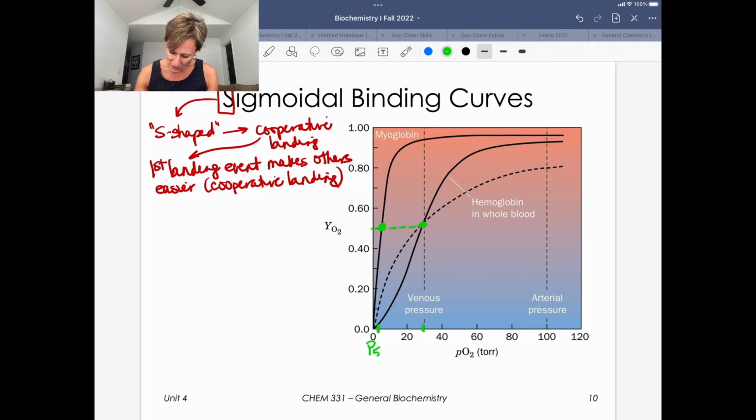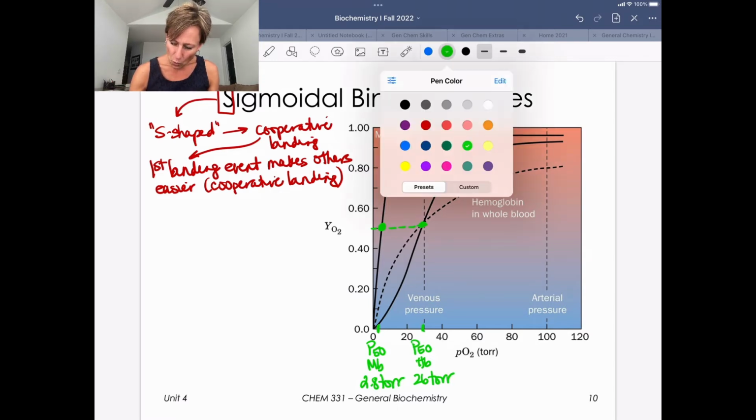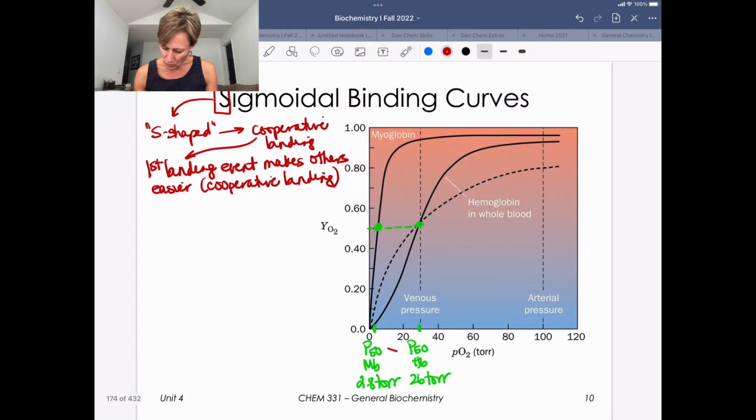The P50 for myoglobin, and that's a number I want you to know, is 2.8 torr. And then the P50 for hemoglobin is 26 torr. And the fact that the P50 for hemoglobin is greater than the P50 for myoglobin tells us that myoglobin binds oxygen more tightly than hemoglobin.